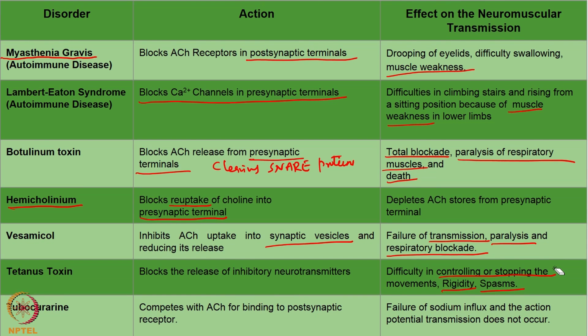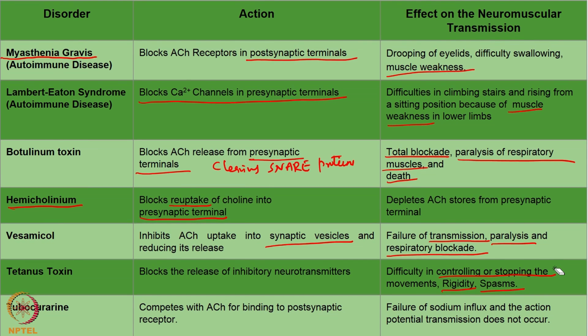Then you have curare drugs or aeropoisons such as tubocurarine chloride, which competes with acetylcholine for occupying the space allotted for acetylcholine. The nicotinic cholinergic receptor is blocked by D-tubocurarine chloride, thus preventing acetylcholine from binding.